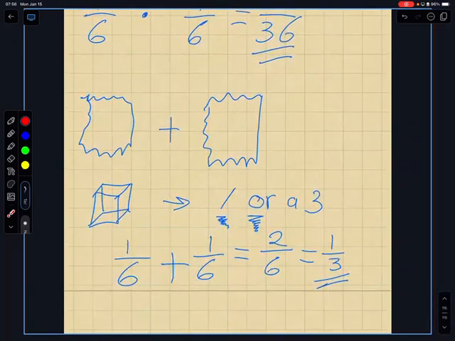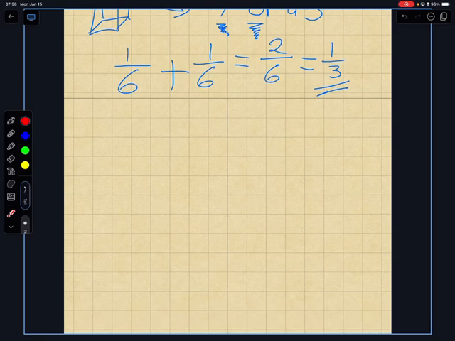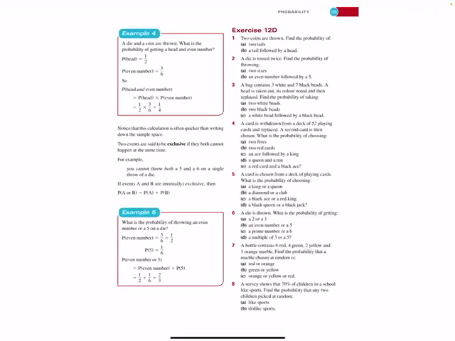Now, I've only focused on calculating the probability. There is also a way of writing it. Now I'm going to bore you or entertain you with the way you write it by choosing an exercise.